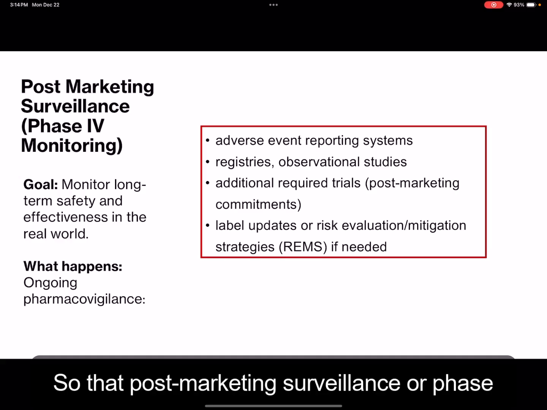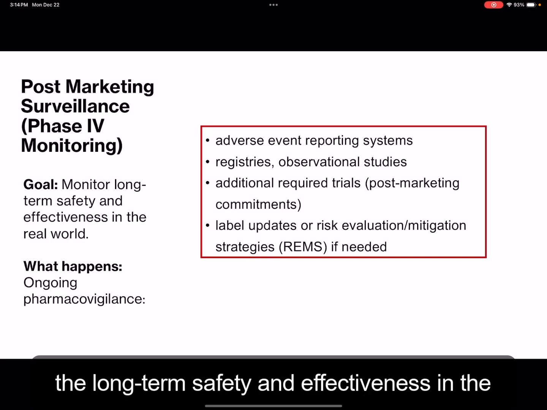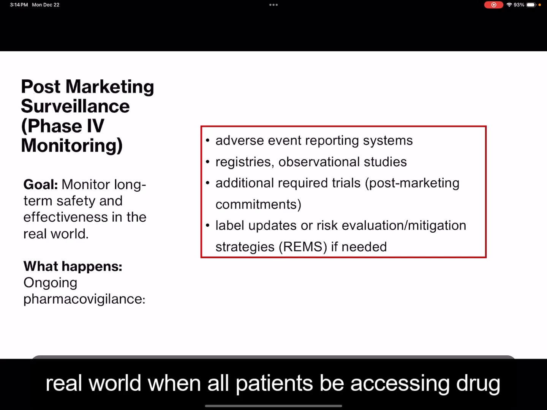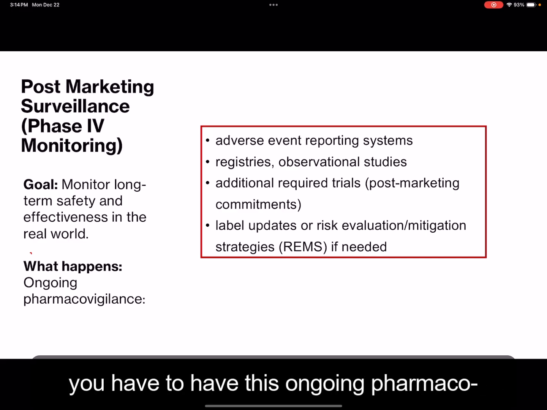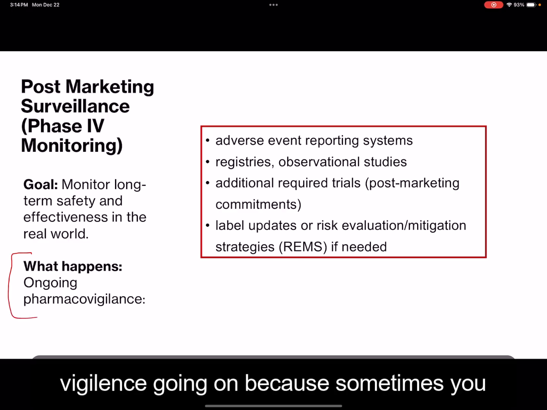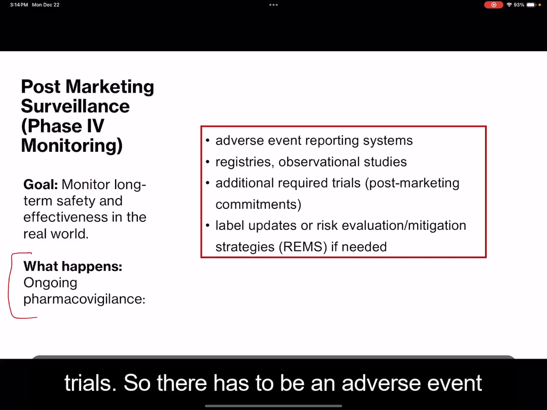So that post-marketing surveillance, or phase 4 monitoring as it's called, is going to help monitor the long-term safety and effectiveness in the real world when all patients can be accessing this drug compound now for treatment strategies. So you have to have this ongoing pharmacovigilance going on because sometimes you don't see adverse reactions in the clinical trials.